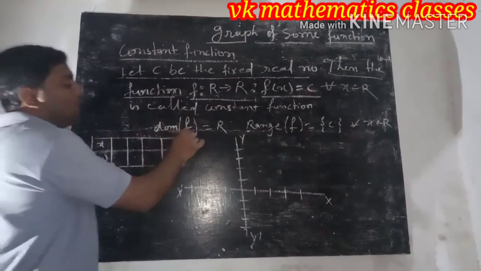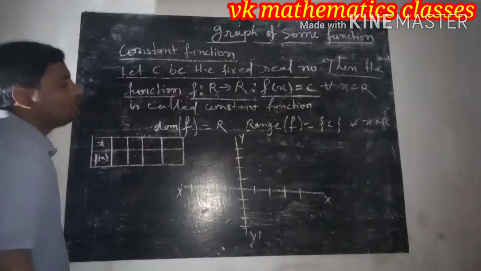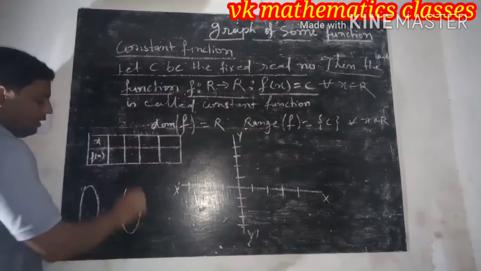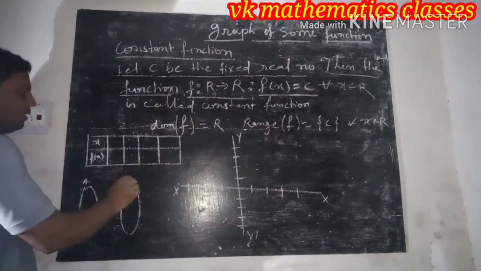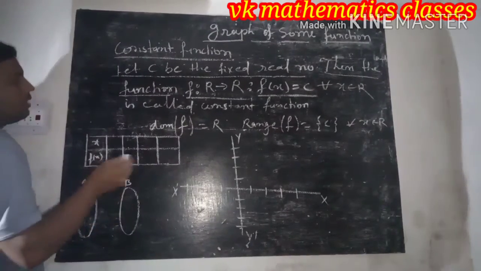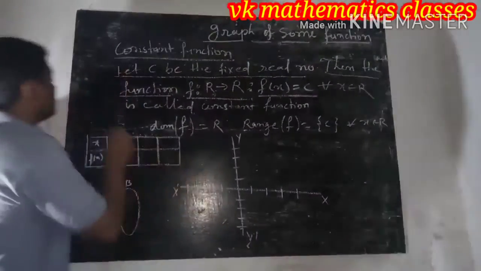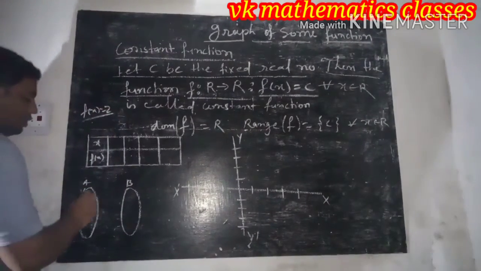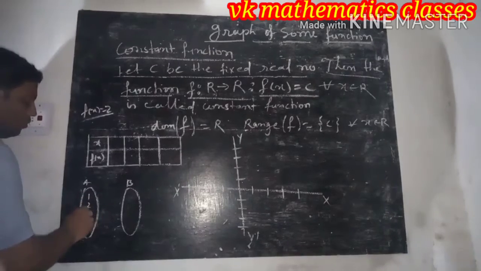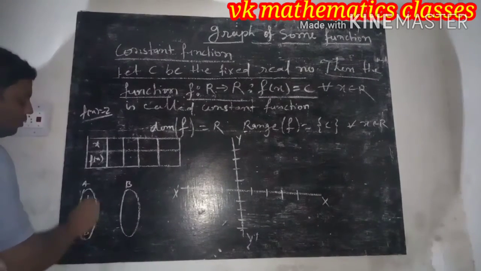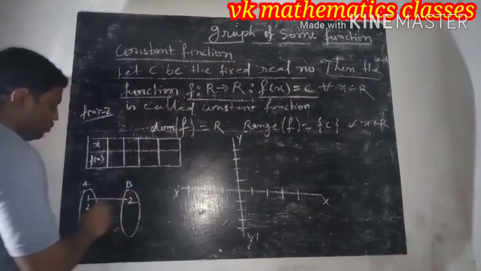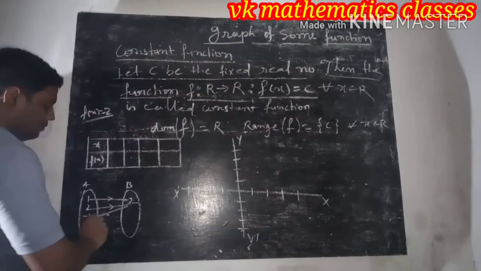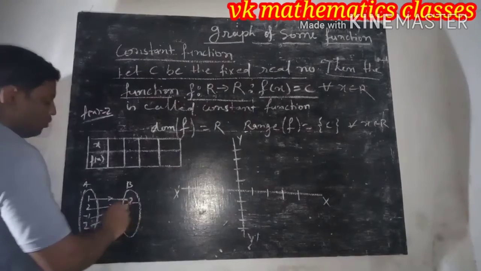Obviously the domain of f is equal to R. Suppose, for example, we take f(x) is equal to 2. Here 1, 2, minus 1, minus 2, 0 all map to 2.